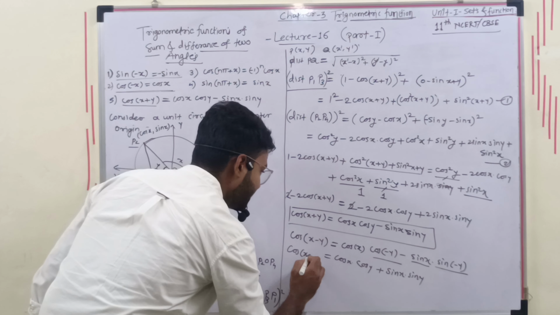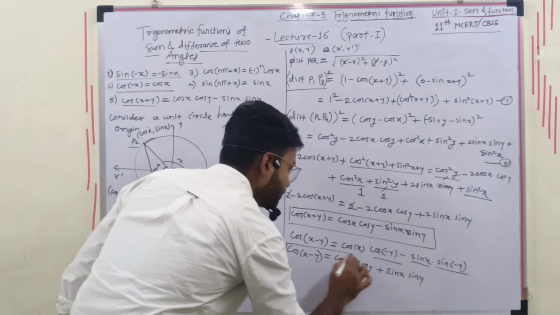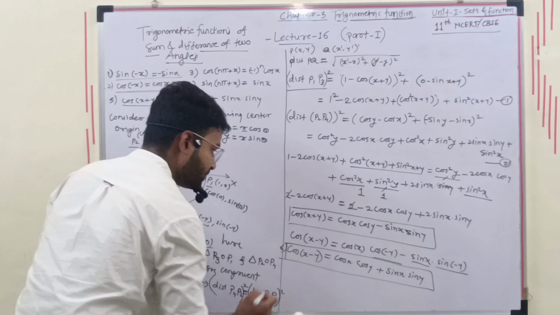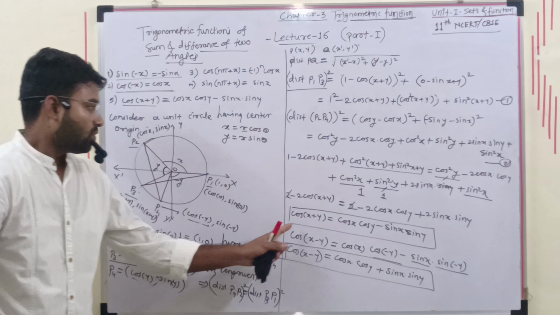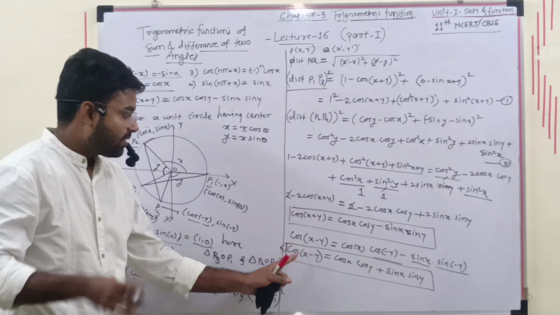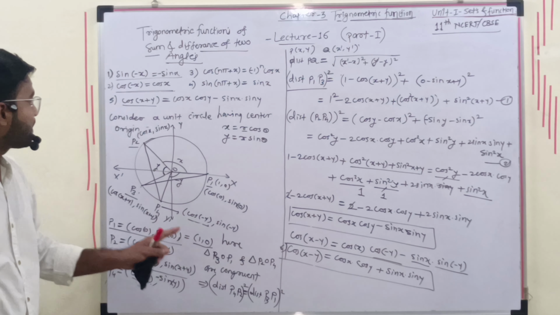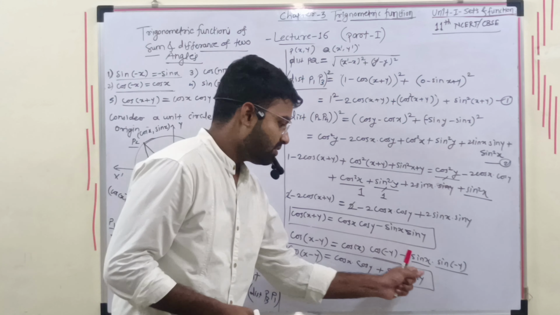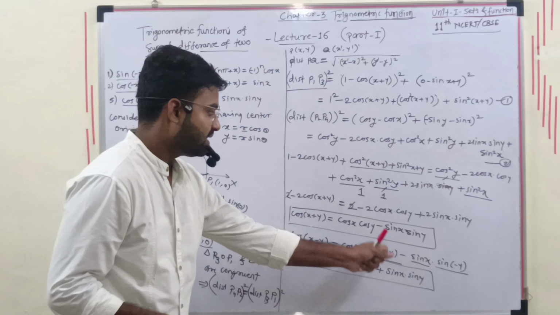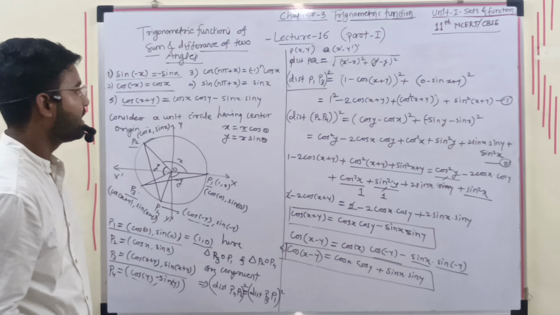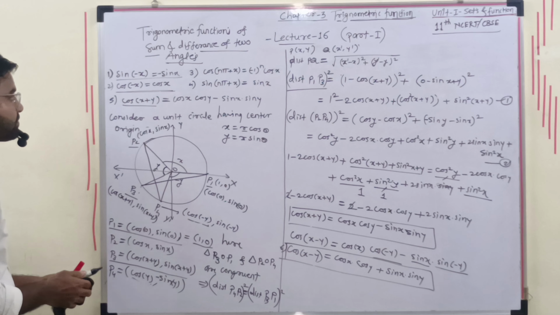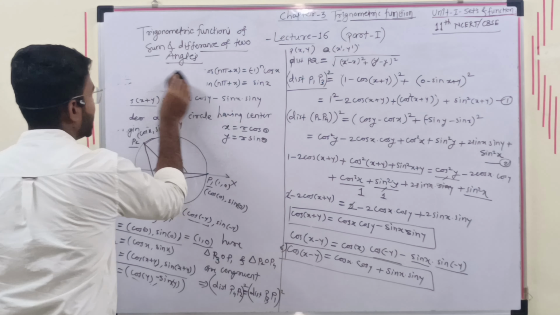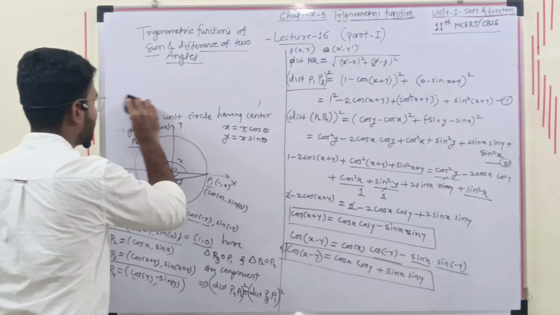Hence it is cos of x minus y. So this is number six. We got cos of x plus y and cos of x minus y, and these are a few identities. We can find other identities also by using sin of x plus y and cos of x plus y. Before that we will see a few identities.